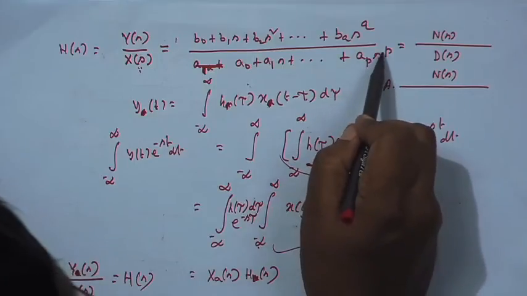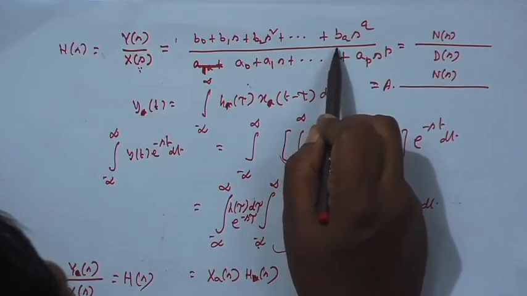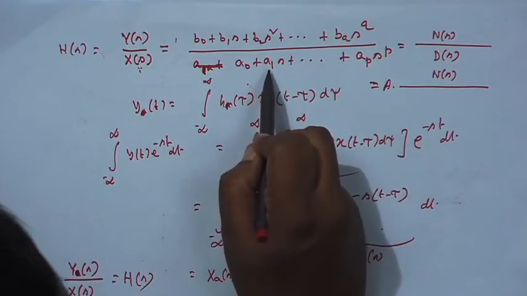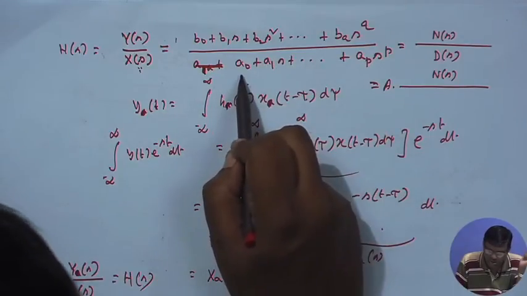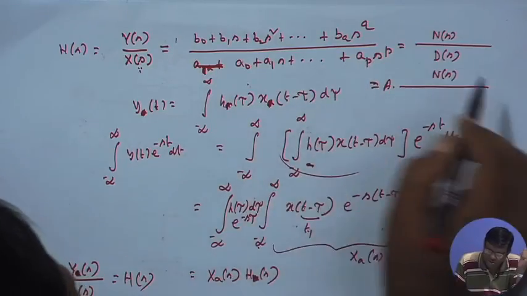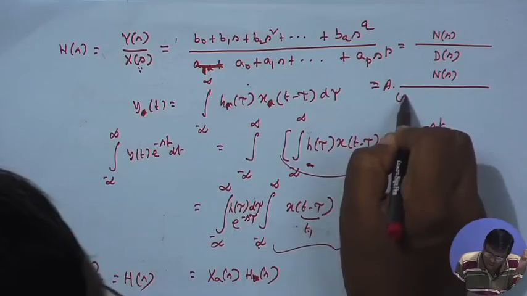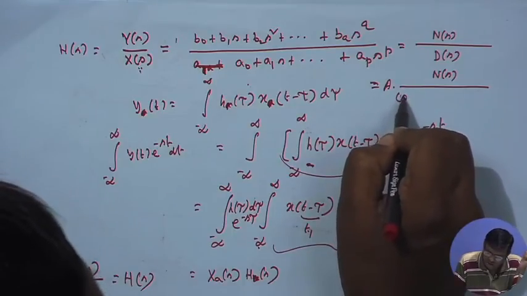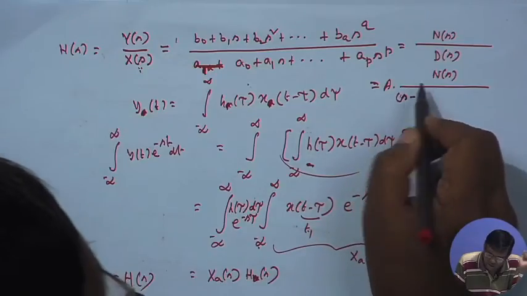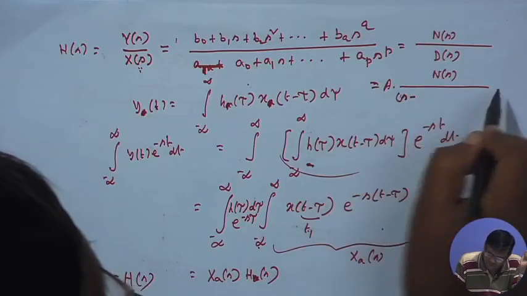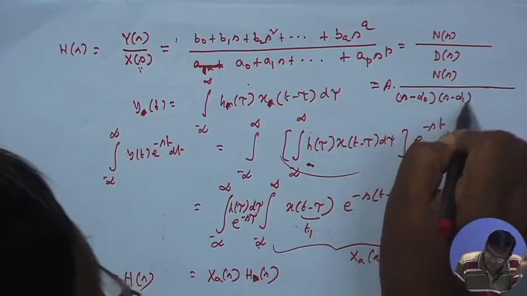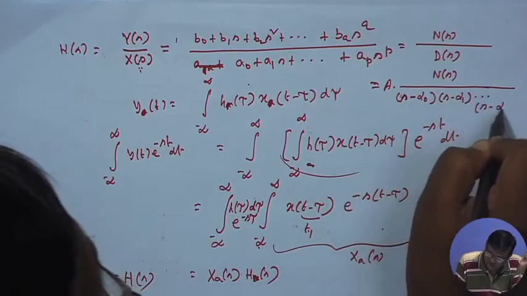So, that s to the power p and then some constant into s to the power p minus 1, some constant into s to the power p minus 2, A1 by AP into s, A0 by AP, like that. So, s to the power p has a coefficient 1, and then if you factorize, all of them will have s only, that is coefficient with s will be 1, s minus maybe some pole alpha 0, s minus alpha 1 dot dot dot s minus alpha p.